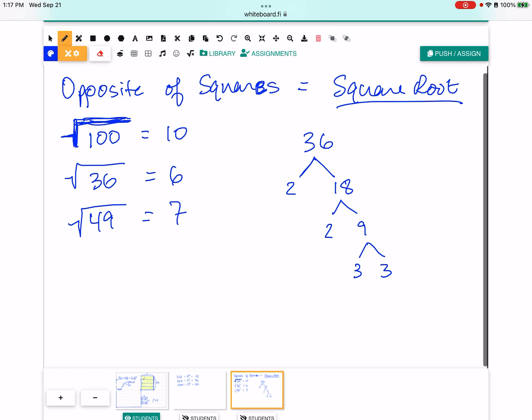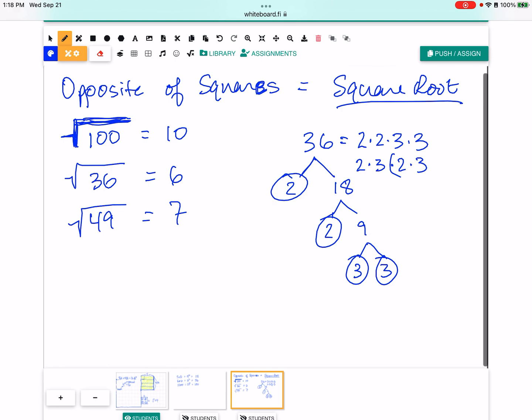All right, so you have all these prime factors that you come to once you've done the prime factorization. And we say that the prime factorization of 36 is 2 times 2 times 3 times 3. And if you know that, then through the commutative property of multiplication, you can rearrange these numbers. So let's rearrange them to 2 times 3 times 2 times 3.